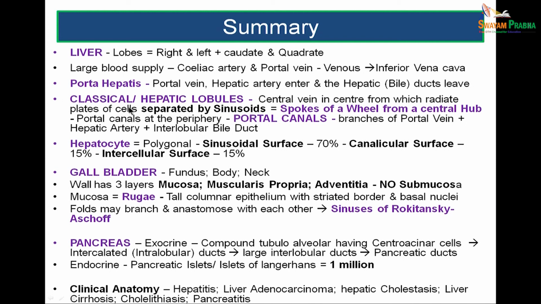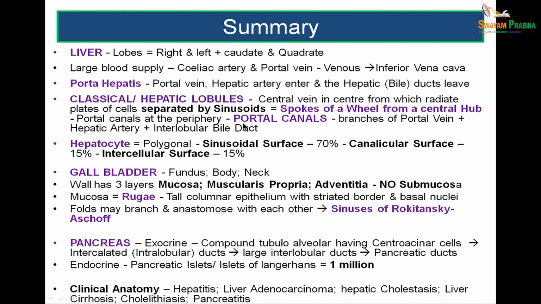We studied a classical hepatic lobule, which is hexagonal shaped, the structural unit of the liver, made up of cords of hepatocytes separated by sinusoids, having a central vein in the center and the cords of cells radiating like spokes of a wheel from a central hub to portal canals at the periphery.